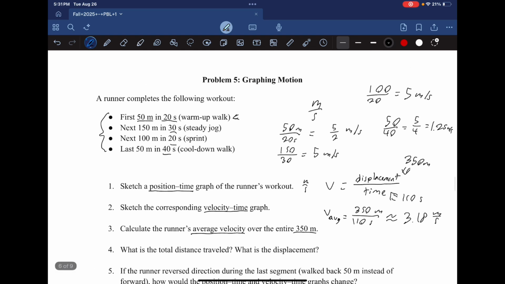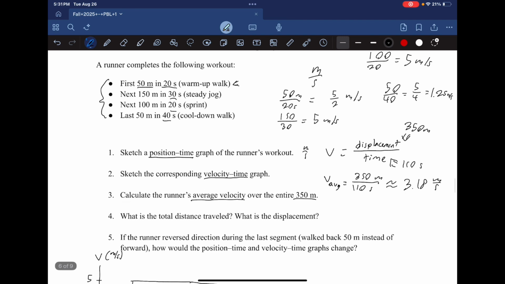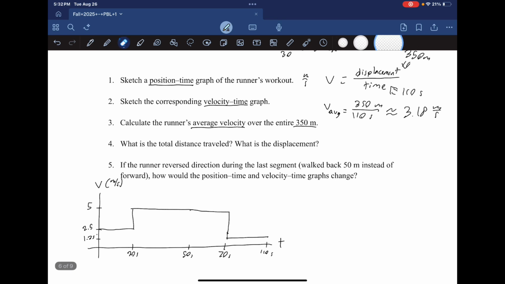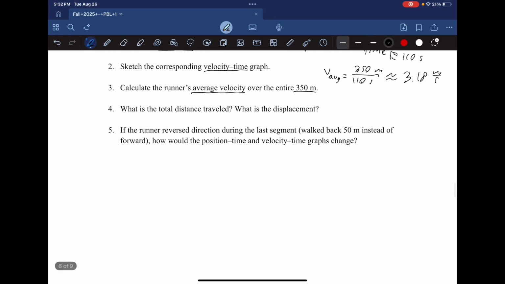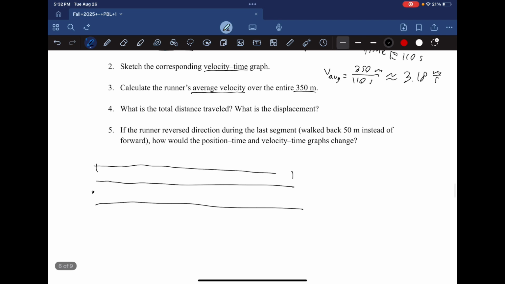The total distance traveled and the displacement in this case are the exact same. We're going to assume that he's traveling in a straight line. So if you can imagine it, here, let me erase this. Here's the track that he's running along. It's 350 meters long, and he starts at this point over here and runs for 350 meters.